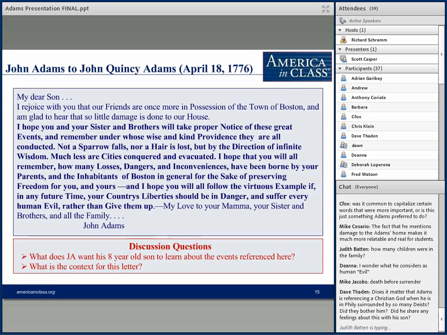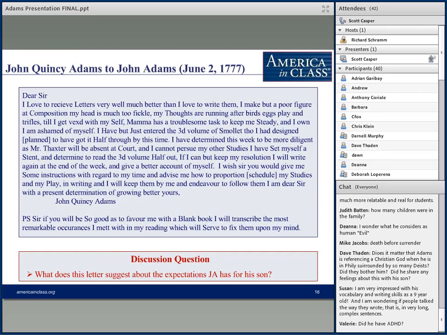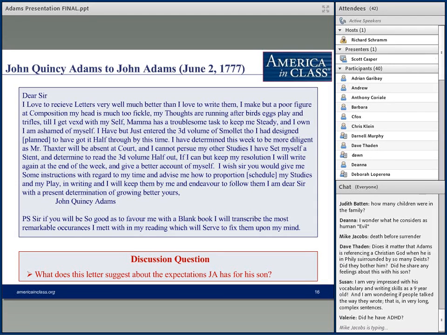Thaxter [...] my resolution. I will write again at the end of the week and give a better account of myself. I wish, sir, you would give me some instructions with regard to my time and advise me how to proportion my studies and my play in writing, and I will keep them by me and endeavor to follow them.